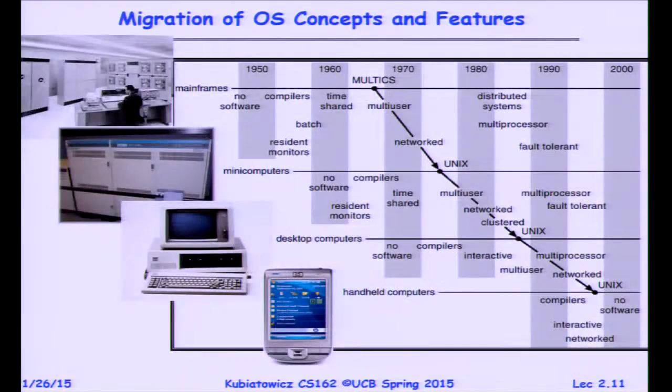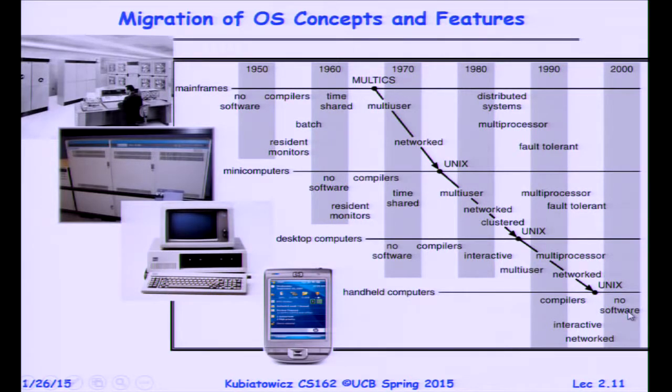There we go. So what's kind of interesting is here's this trace through the history, and Multics was a very big project at MIT. And what's interesting is all the features in Multics have found their way into little handheld devices these days. As the power of the processors keeps getting stronger, we put all of these features down until today.